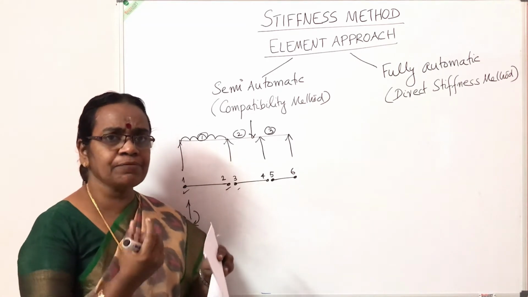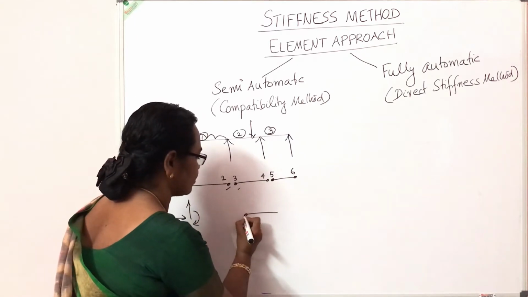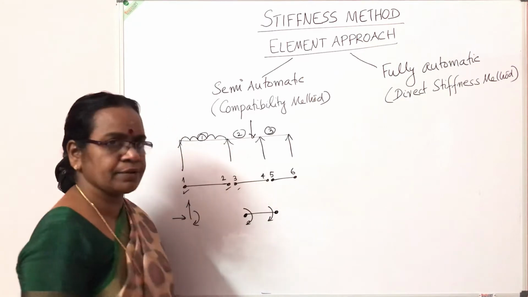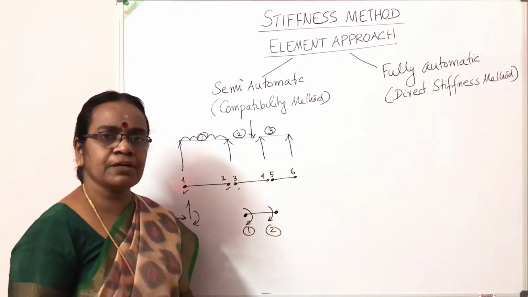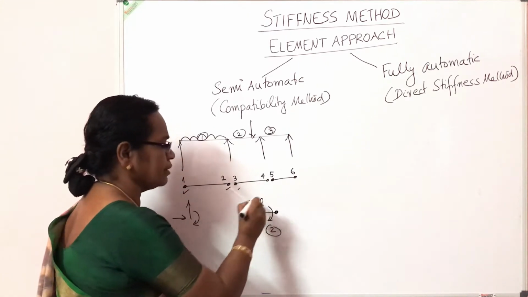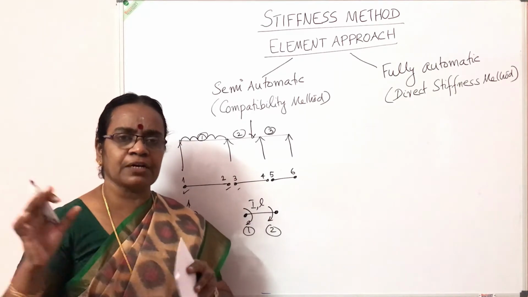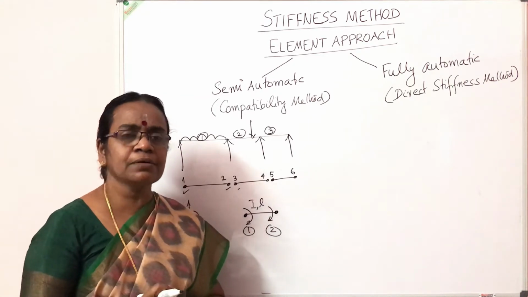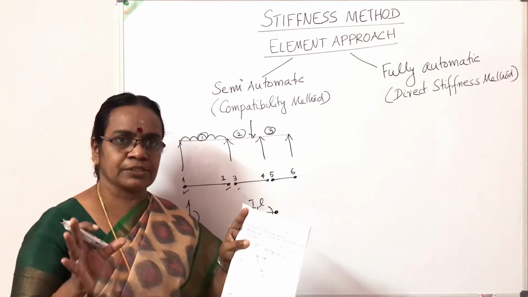And so if we know the stiffness matrix for an element, say this is an element having the rotational degrees of freedom at the two ends, coordinate 1 and 2, if we can formulate the stiffness matrix for one element, then by simply changing the length and moment of inertia of the various elements, we can formulate the stiffness matrix for the n number of elements, and then they are properly assembled together according to certain rules, so that we will get the stiffness matrix for the structure.